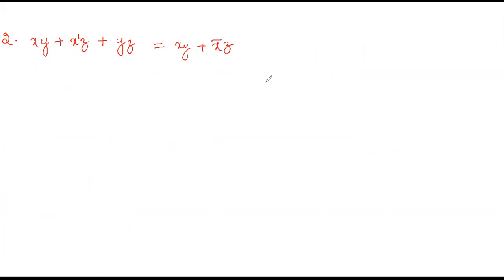Whenever proving an algebraic expression, you have two methods. Method 1 is using a truth table. How many variables are present here?